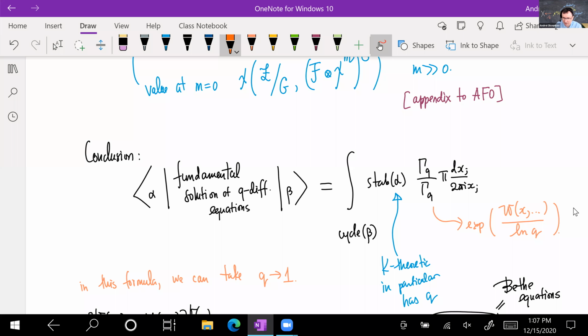What's the steepest descent? There's some q-gammas that are going to blow up, and then the integrand, which is the stable envelope, just stands there because it's independent of z. It's just something which just stands there.